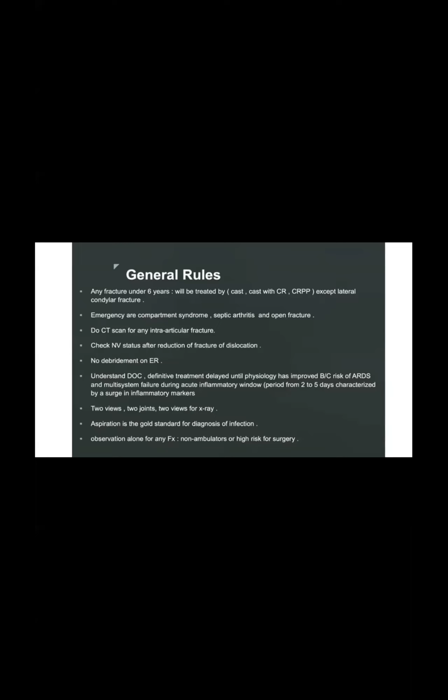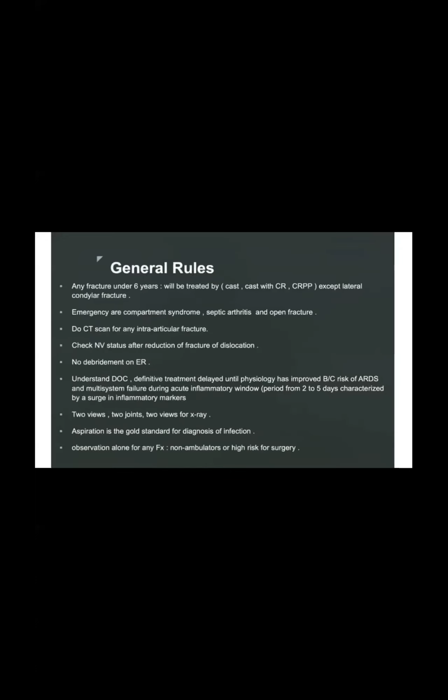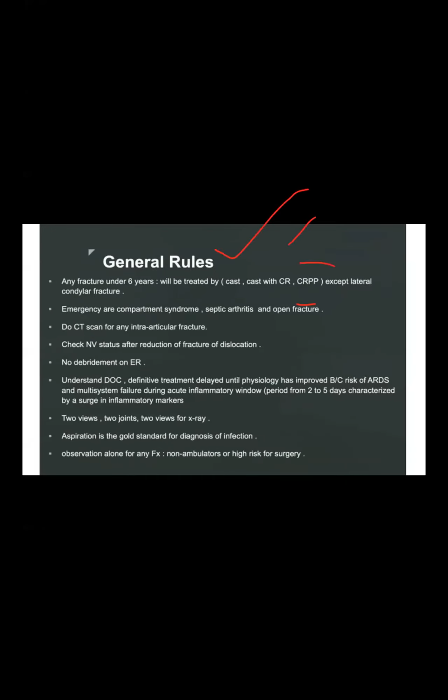So we have to remember that below 6 years, we do fracture management by cast and closed reduction, or if needed CRPP. That's it.